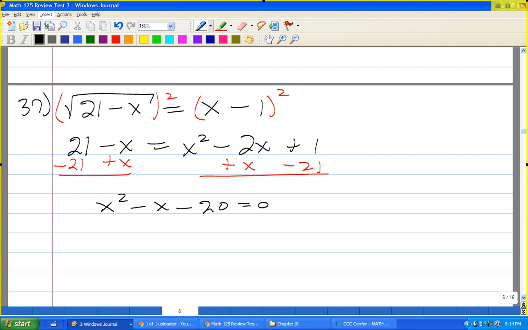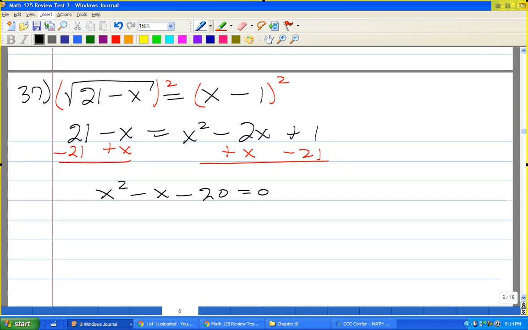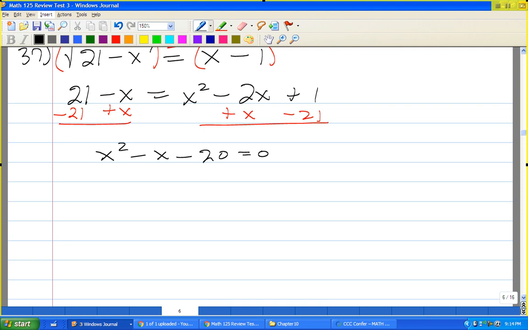And so let me factor. So I have here x squared minus x minus 20. This is a monic quadratic. Minus times minus is positive.